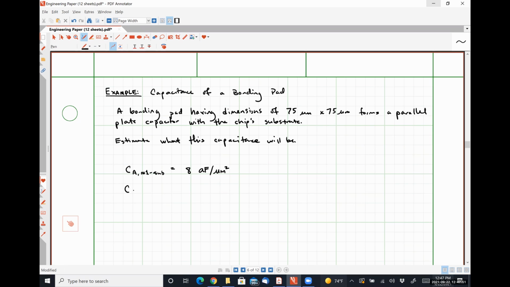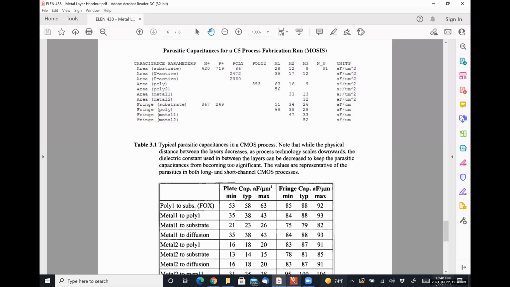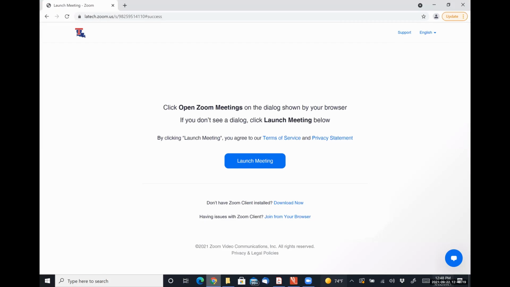And then I'm also going to have to take into account my fringe capacitance. Excuse me, not metal 1, metal 3. And so what value should that be? 26 attofarads per micron.